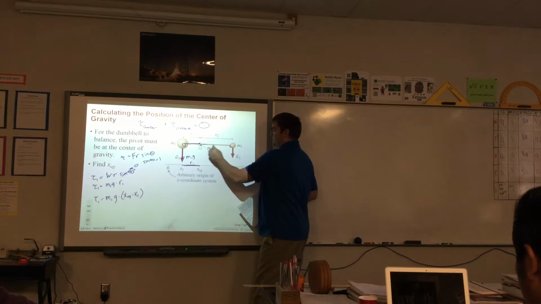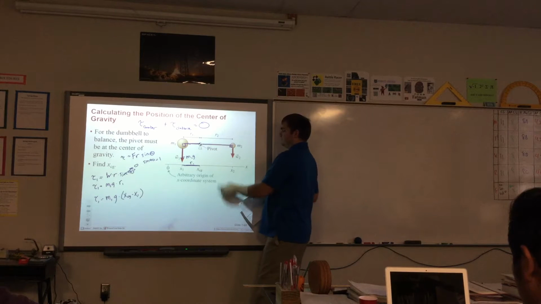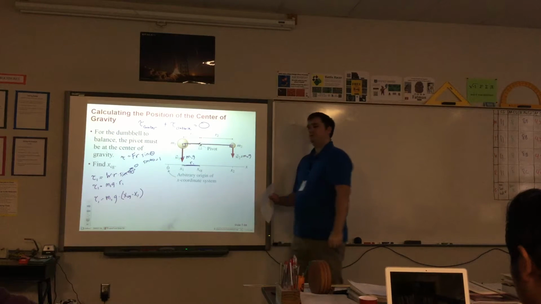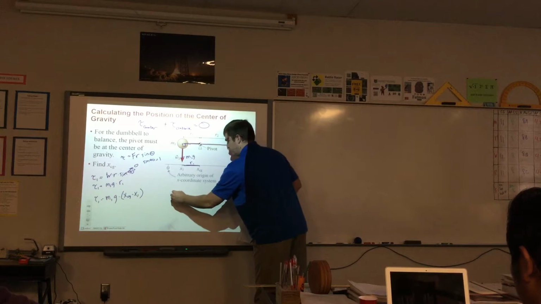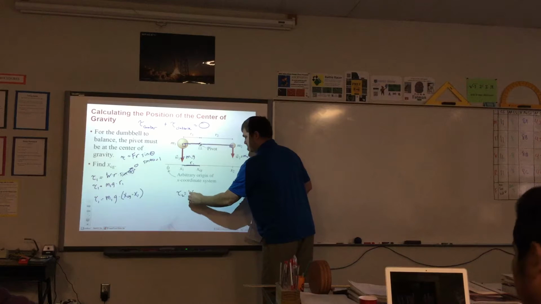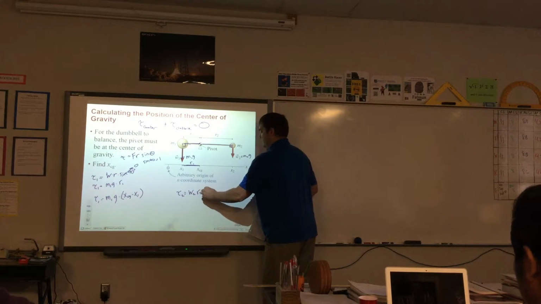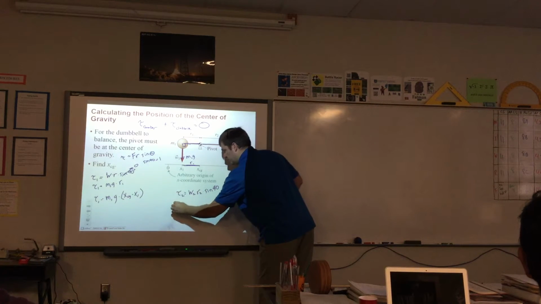And we can have the same situation over here. Notice the 90-degree angle, weight 2, which is mass 2 times gravity. So torque 2 is the weight of object 2 times the radius of object 2 times the sine of 90 degrees.